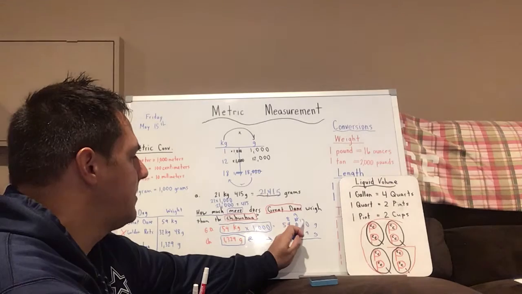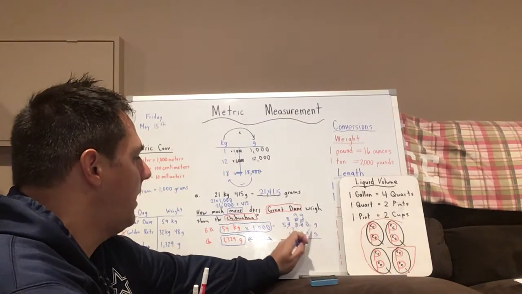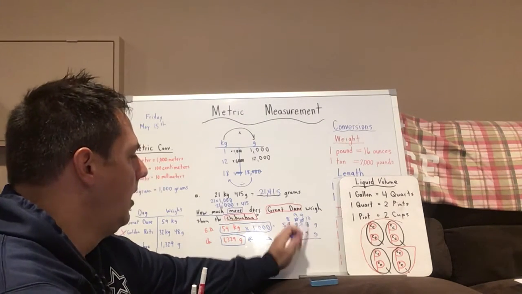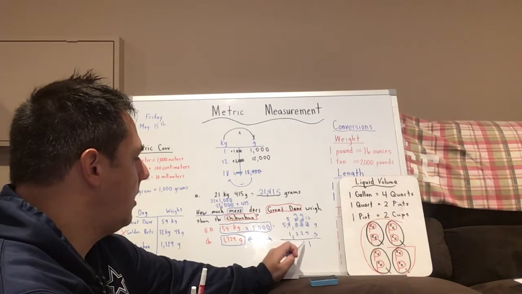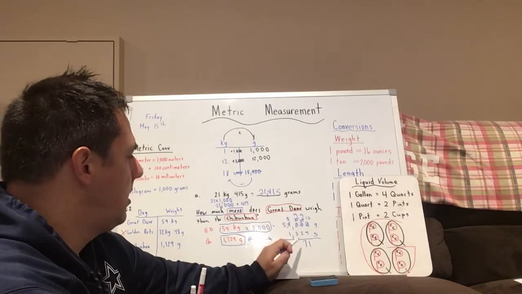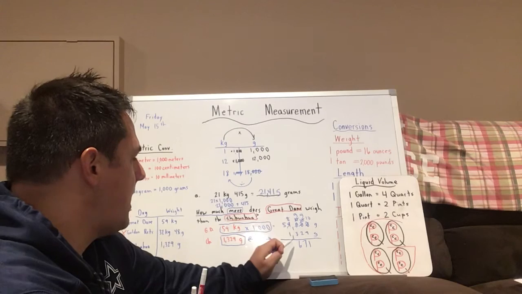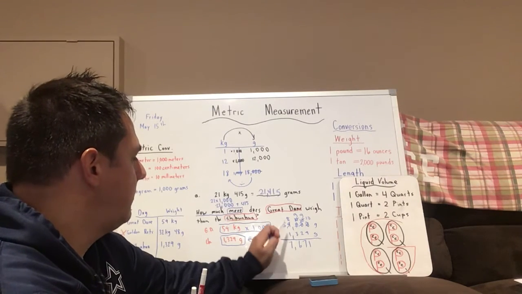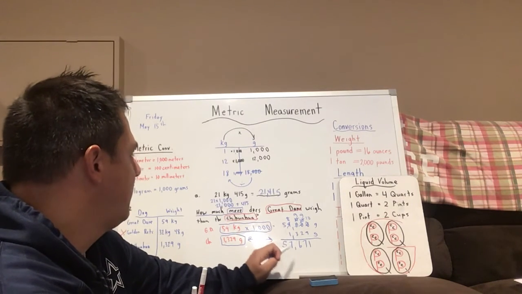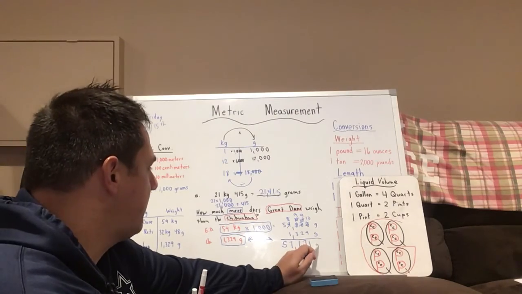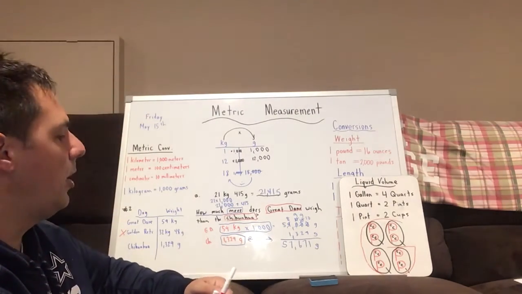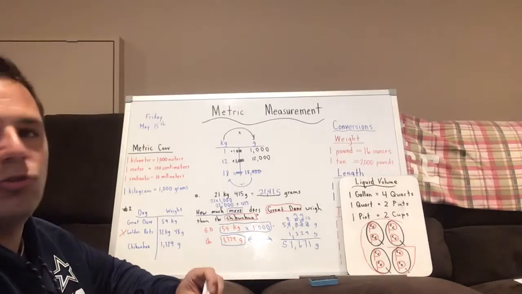This 0 becomes a 10, and I have to borrow, becomes a 9, and last, this 0 turns into a 10. 10 minus 9 is 1, 9 minus 2 is 7, 9 minus 3 is 6, 8 minus 1 is 7, and then bring the 5 down. So I know that the Great Dane is 57,671 more grams than the Chihuahua.